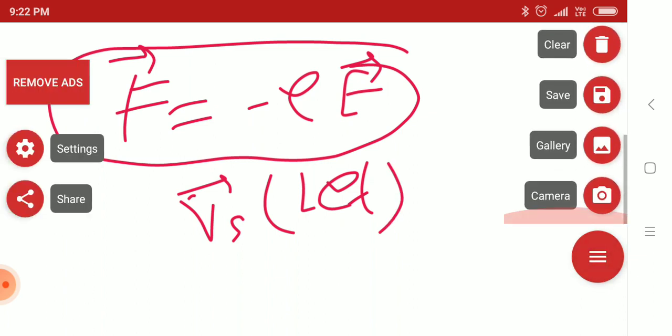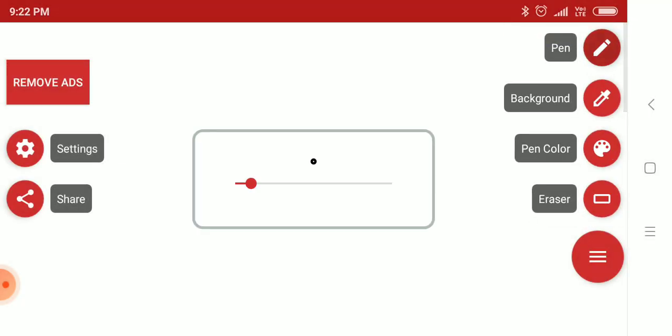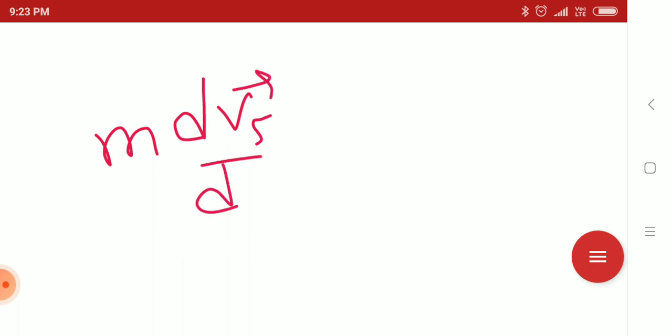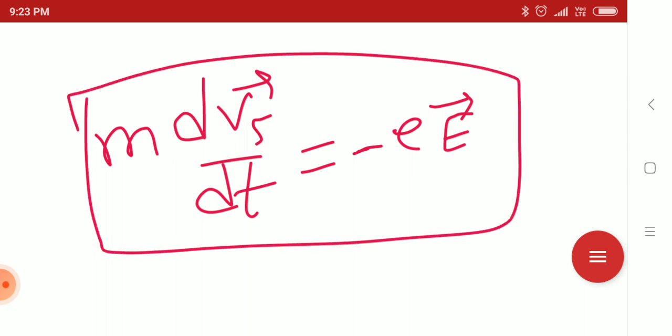Then we can write m dVs by dt, that is F equals m dV by dt equals minus e times E vector, the electric field vector.